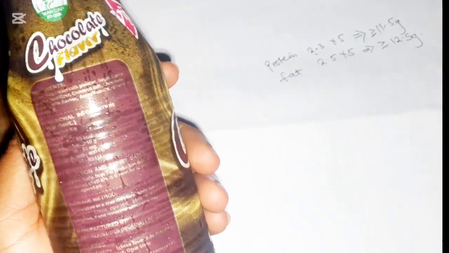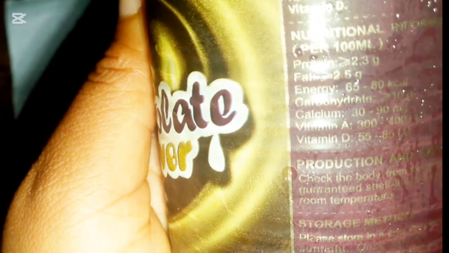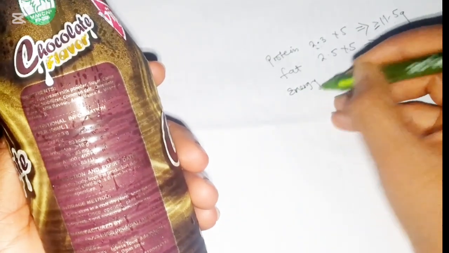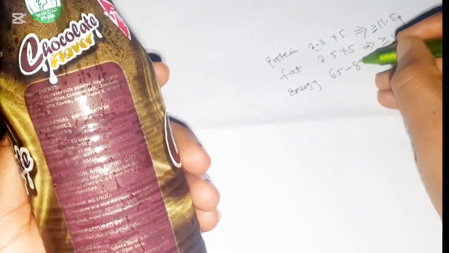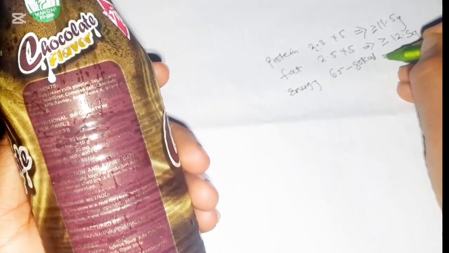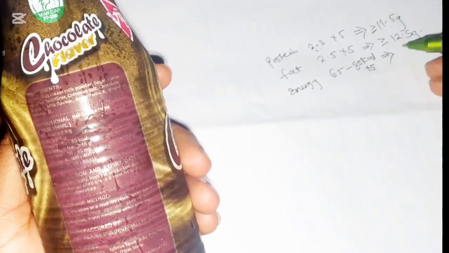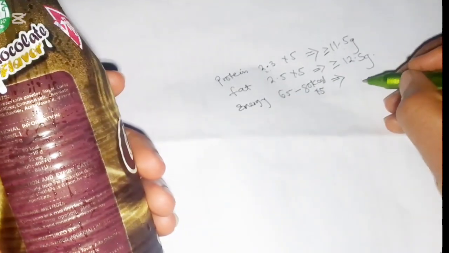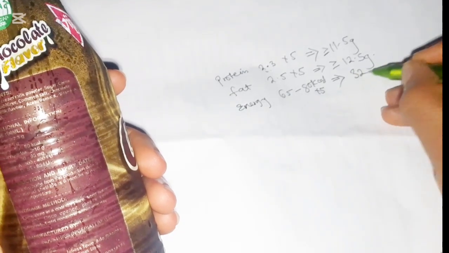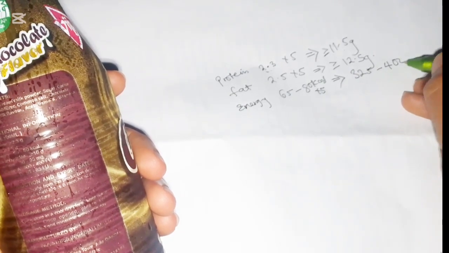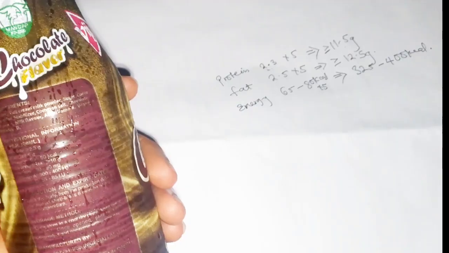All right, and then next is the energy, 65 to 80 kilocalories. If you do the multiplication by 5, it gives you 325 to 400 kilocalories.